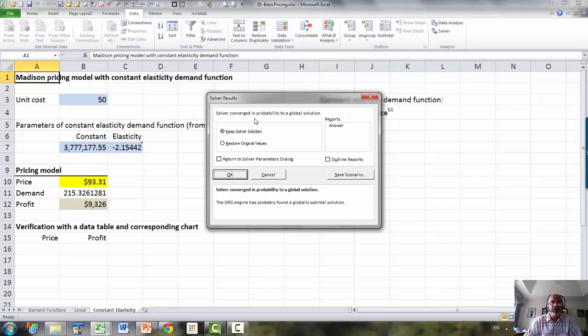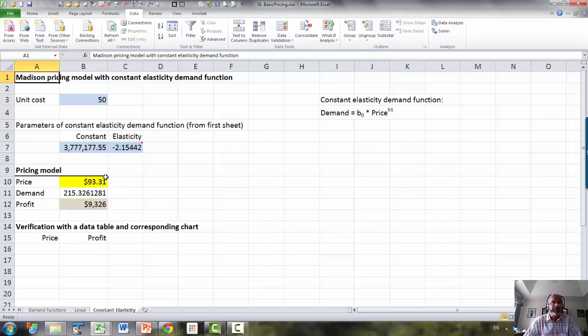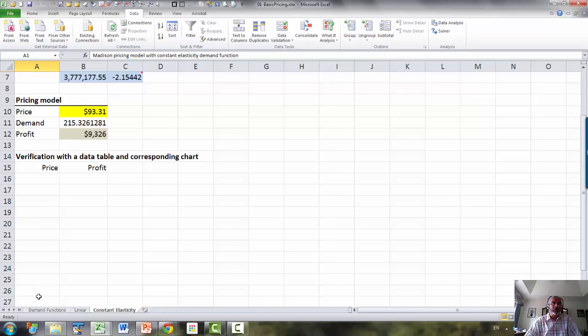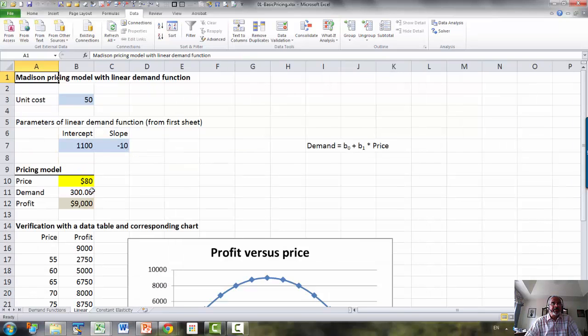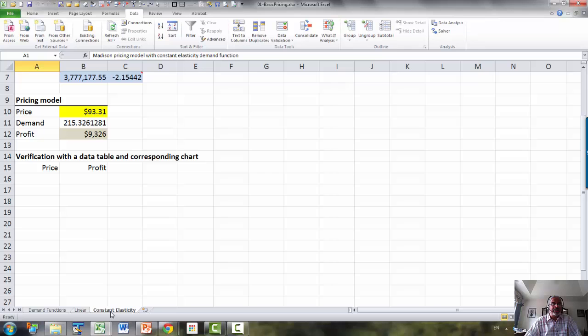So solver converged in probability to a global solution. Okay, so now if we have constant elasticity, then the best price is $93.31, and that will give you a profit of $93.26. So if it is linear, then $80 is the best price, and if you have constant elasticity, then $93.31 is the best price.